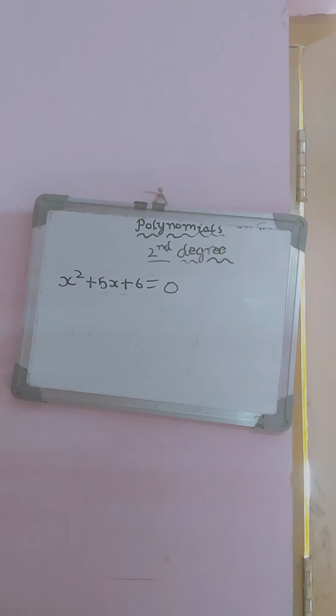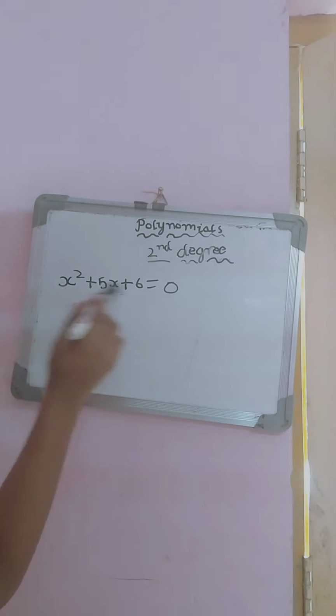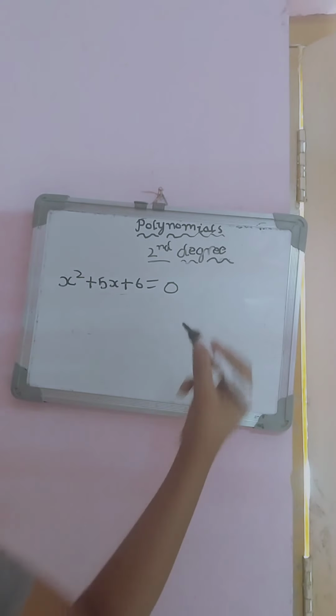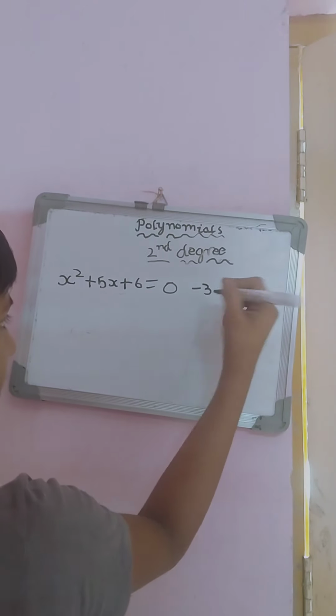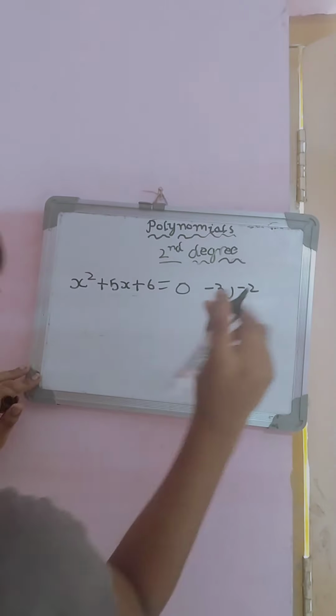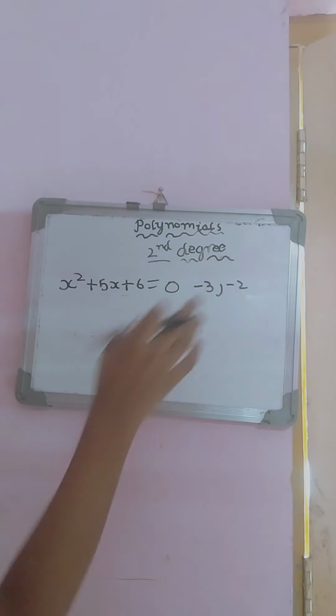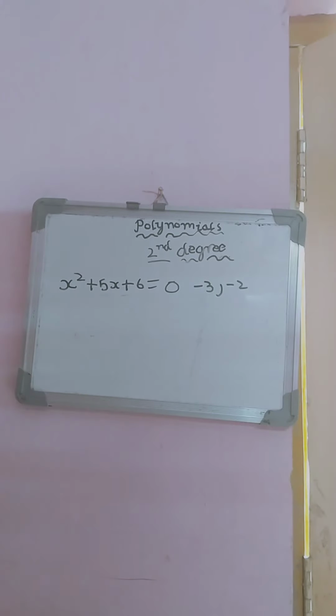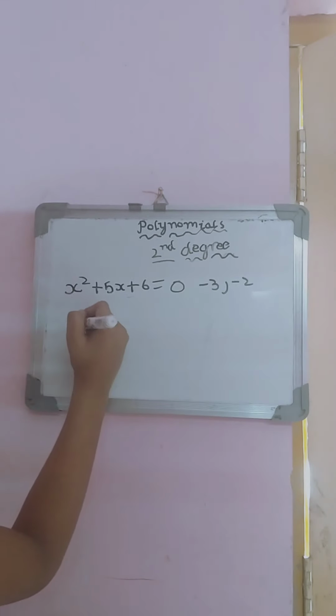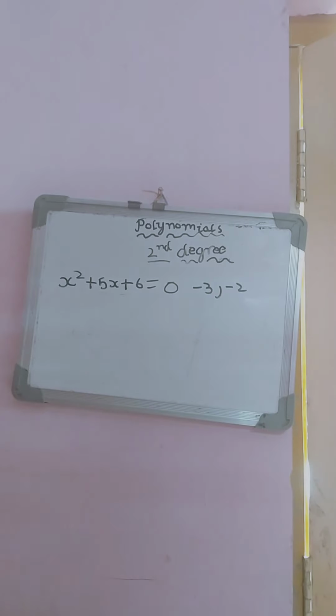In our question they do not give the equation, they just give the roots: -3 comma -2. Find the equation.